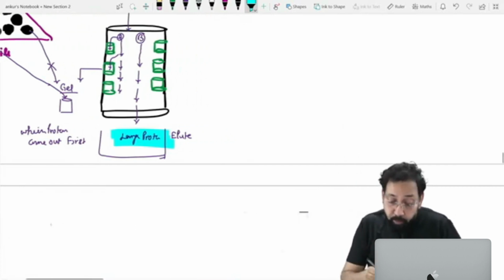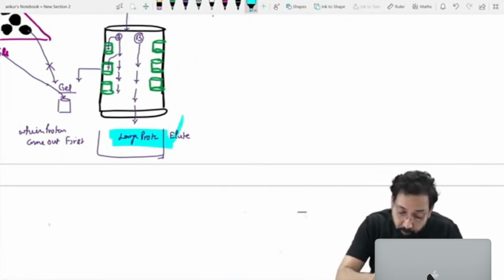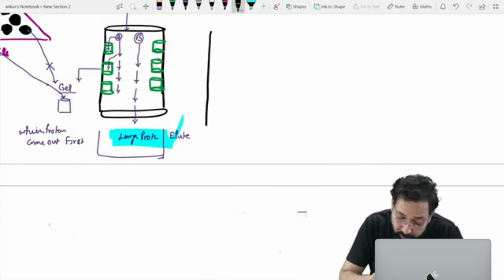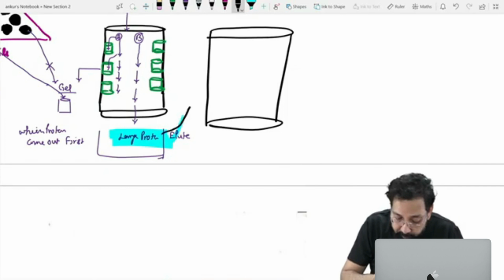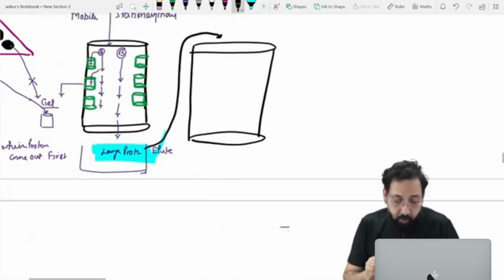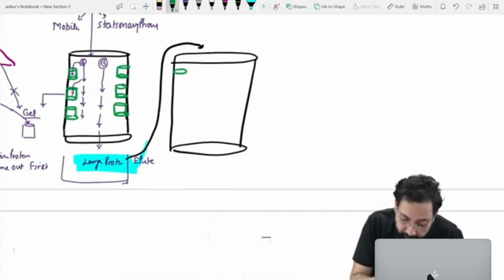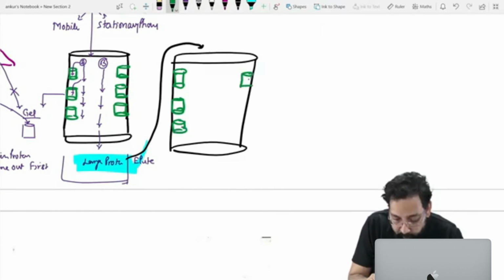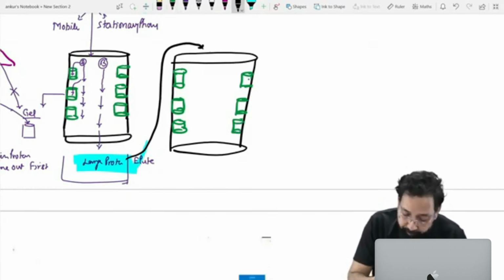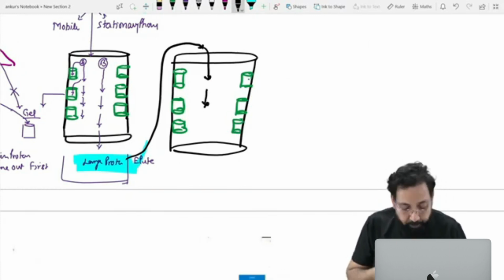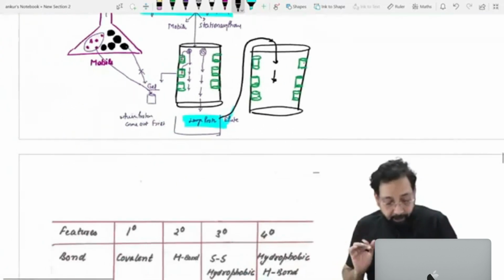Now what we will do is pass this solution again through a second column, which again has gel.